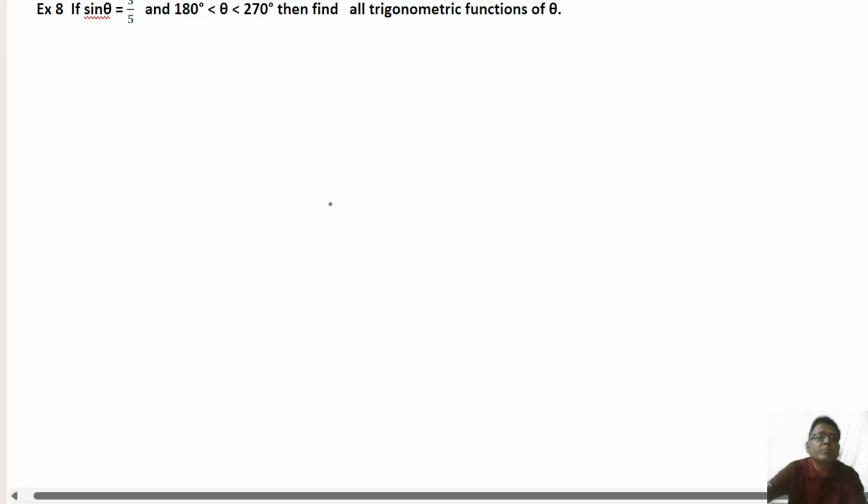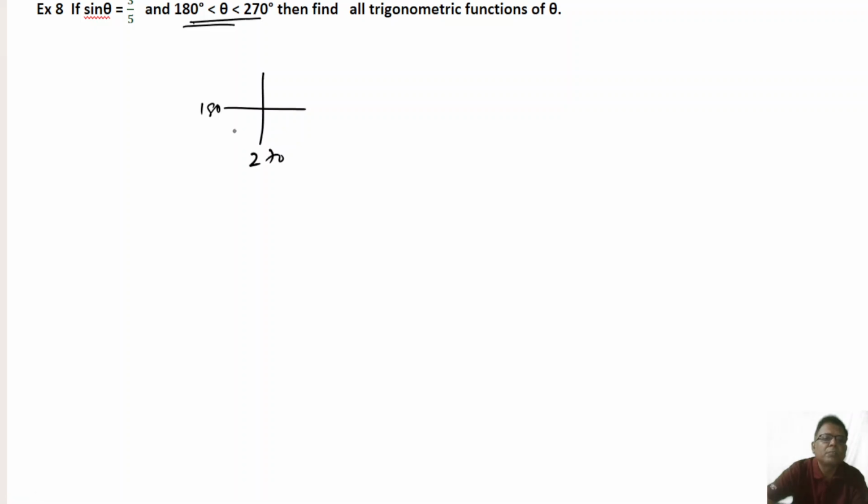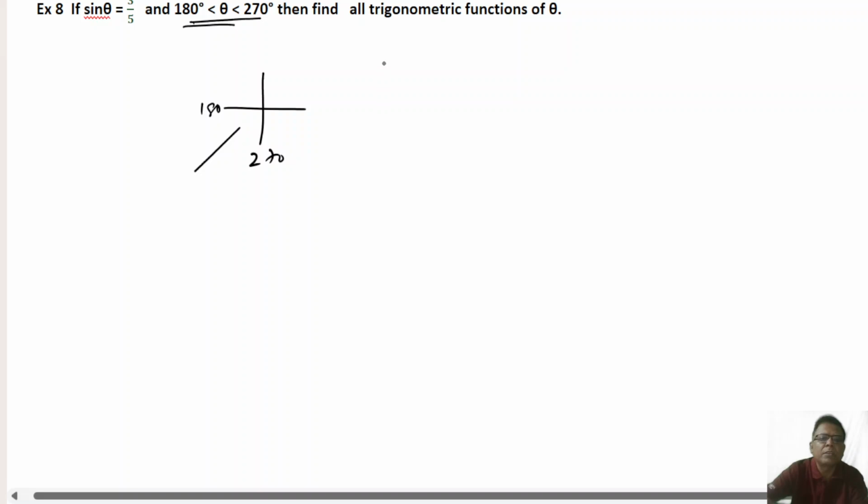So here, in which quadrant is it lying? Theta is lying in the third quadrant, 180 to 270. So in the third quadrant, height is also negative and base is also negative. So sin theta is equal to minus 3 by 5, because in the third quadrant it cannot be positive.